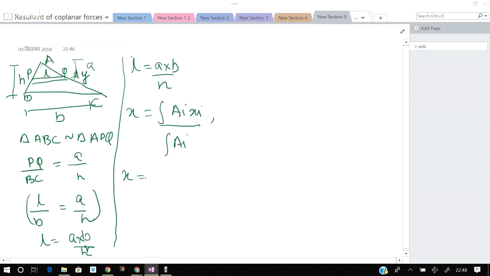So over here, x bar will be equal to integral of this small elemental strip, which will have an area of L into dy, whereas its x value, since we'll consider this as a rectangle, will be equal to L by 2, upon integral of L into dy. So we'll substitute the value of L in this equation.